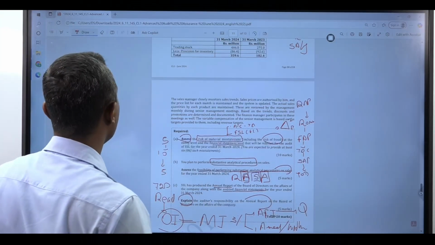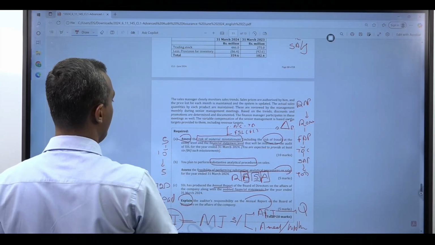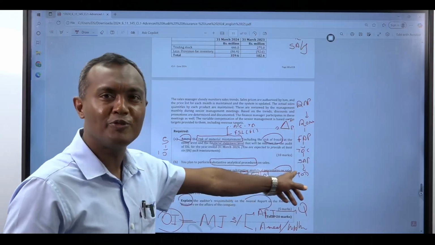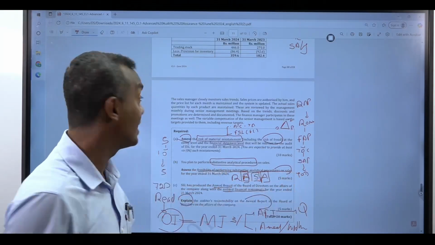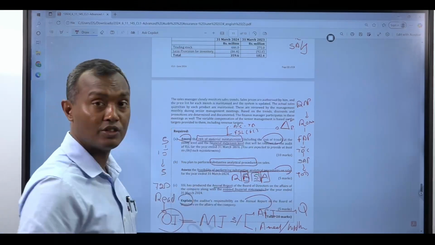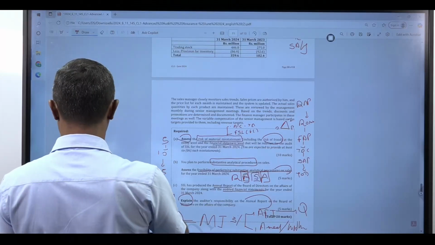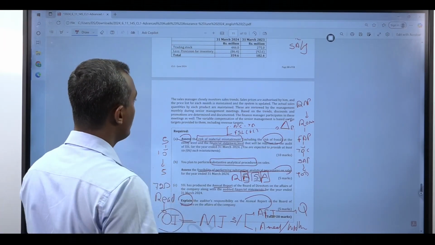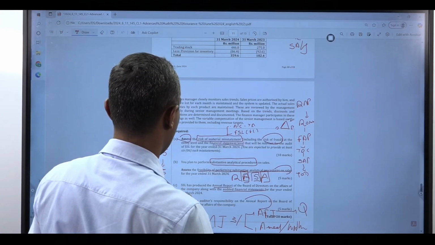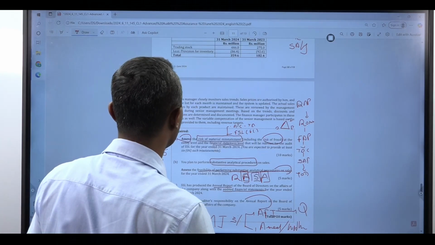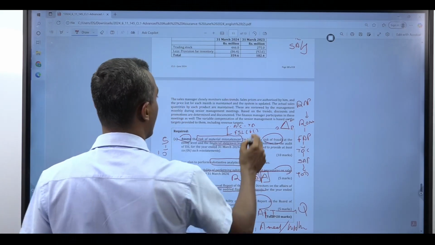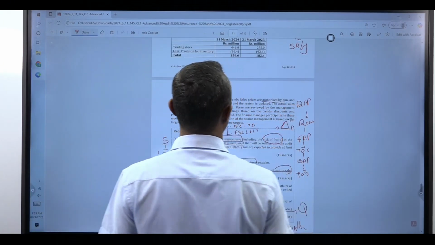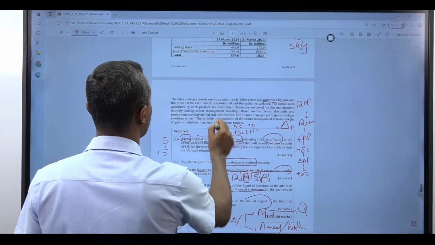The sales manager, now see, we have to write a question about SAP for sales. Maybe this para has the information for that SAP. So it says, sales manager closely monitors sales trend. Sales prices are authorized by him. Okay, the manager monitors, that's a good thing.